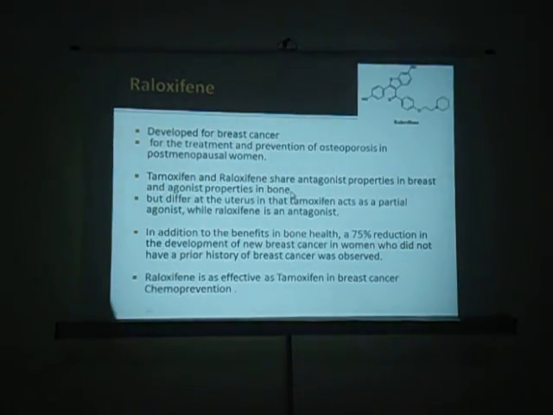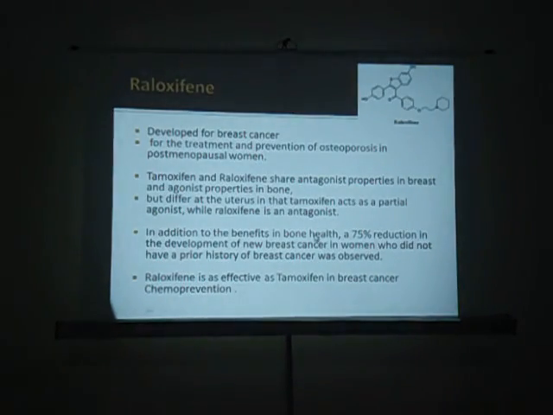So both in breast cancer and osteoporosis they are helpful, but in uterine issues they differ in their action. Tamoxifen acts as a partial agonist, but raloxifene is an antagonist. So raloxifene is better in endometrial cancers also.